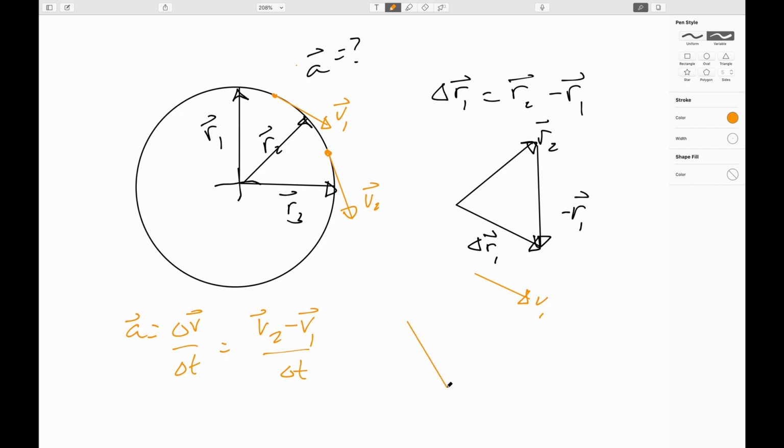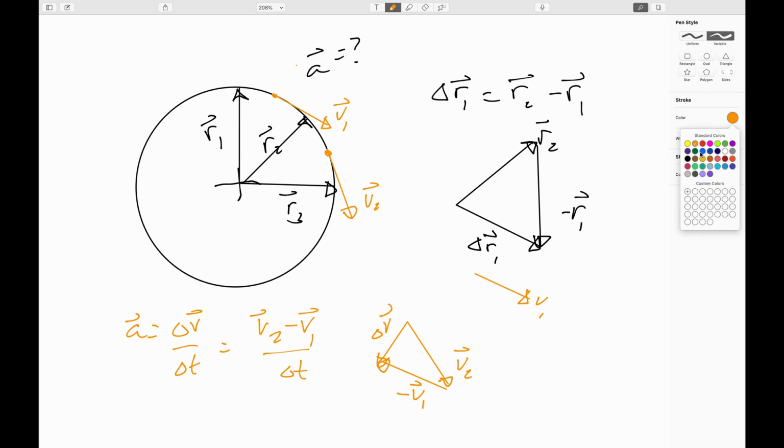So here's my V2, like so, and I will subtract from it V1, so this will be my negative V1, about like so, to give me a delta V. It's going to do something like that.